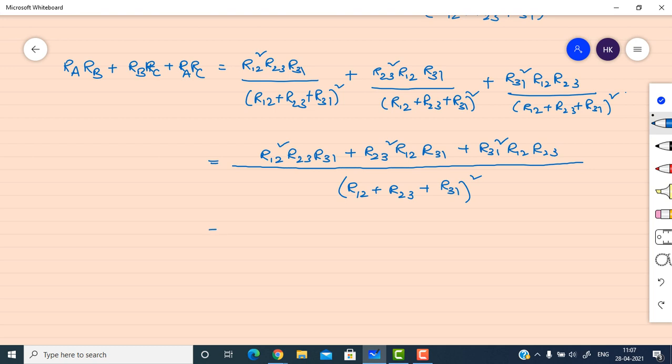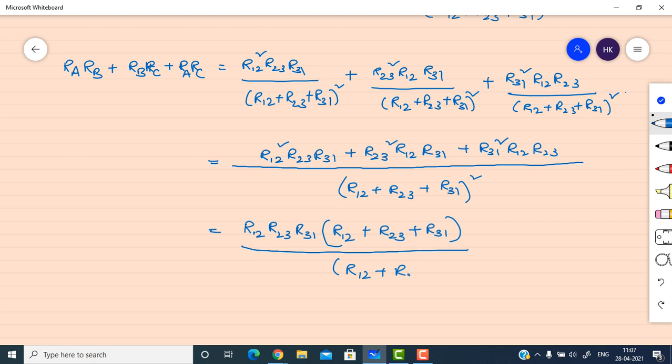What can we take common in the numerator? Yes, R12, R23, R31. In each and every term these three are there. So the remaining thing in the first term is only R12, plus in the second one R23, and in the third one, after removing these three, the remaining thing is R31, by R12 plus R23 plus R31 whole square.